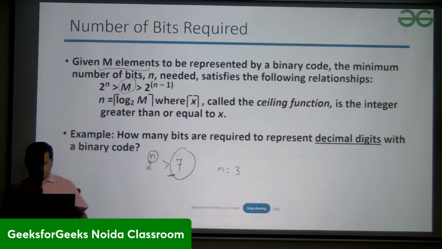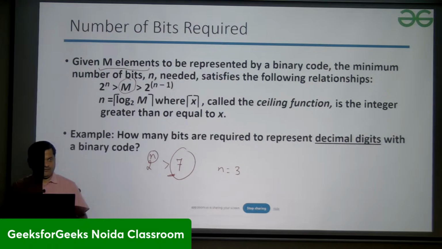There is a question: how many bits are required to represent the decimal digits with binary code? Decimal digits are 0 to 9, so 10 pieces of information are there. So at least 4 bits are required, right?